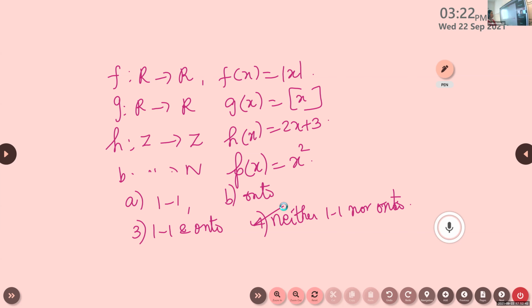Yes, in both cases, the functions modulus x and greatest integer function are both neither 1-1 nor onto. Okay. Now look at the third question. Again, for the function h, the options are the same. Is it 1-1, onto, 1-1 and onto, or neither 1-1 nor onto?